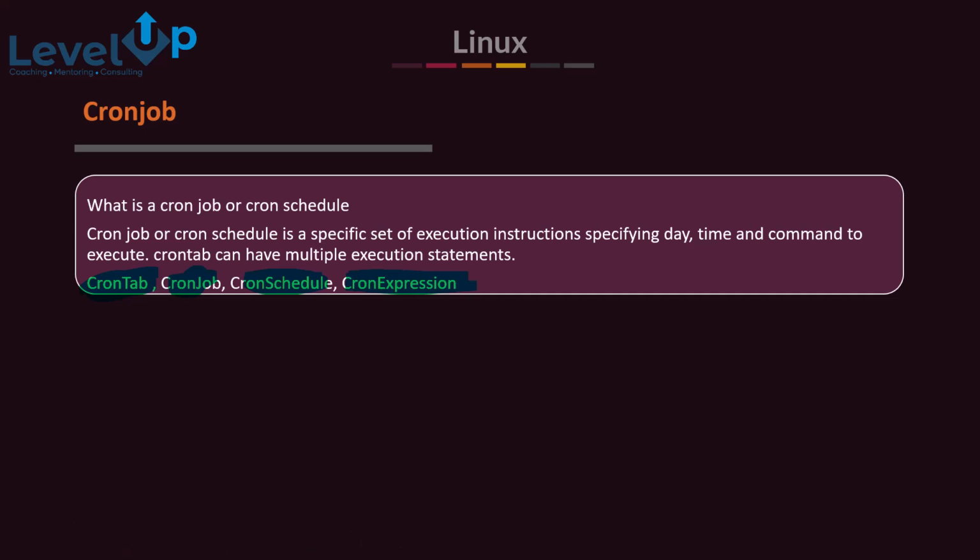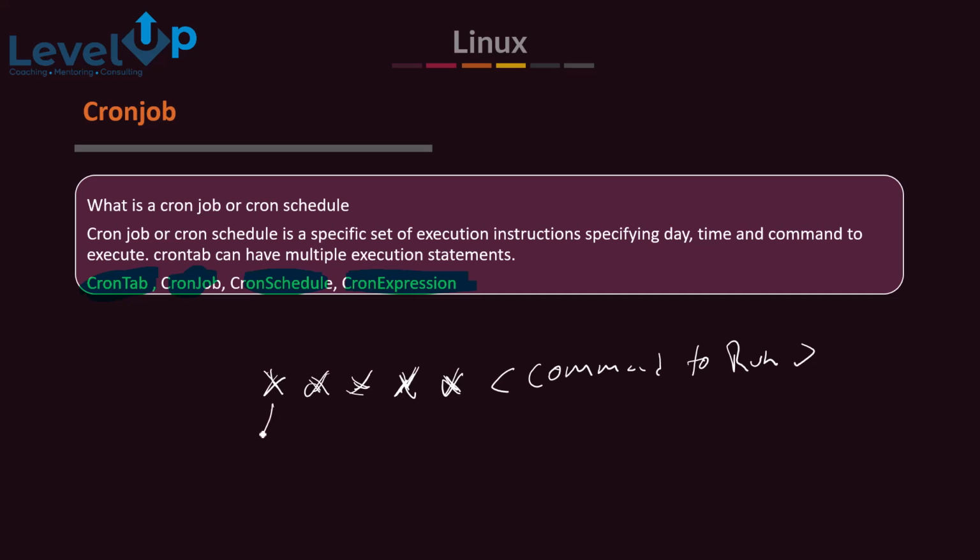A cron job will look something like this: asterisk, asterisk, asterisk, asterisk, and asterisk. And then, what is the command that you have to run? It could be a script as well.